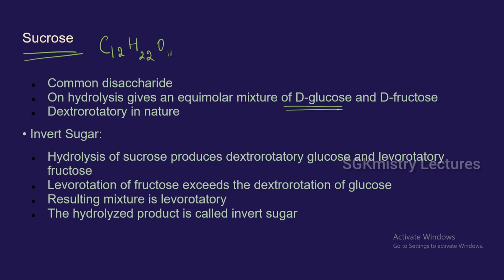On hydrolysis, it gives D-glucose and D-fructose, right? And sucrose is dextrorotatory in nature. Now, there is one thing you need to remember: sucrose as such is dextrorotatory. Suppose you take a solution of sucrose and check which direction it rotates the plane of polarized light, you can see that it rotates it towards the right. Because of which it is dextrorotatory in nature.